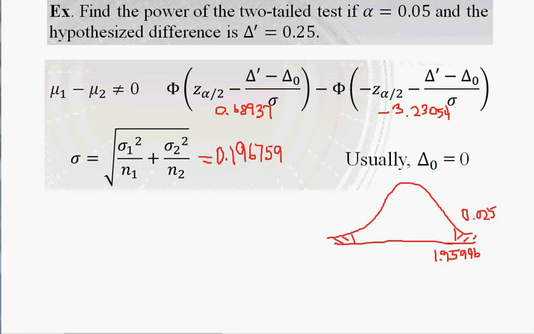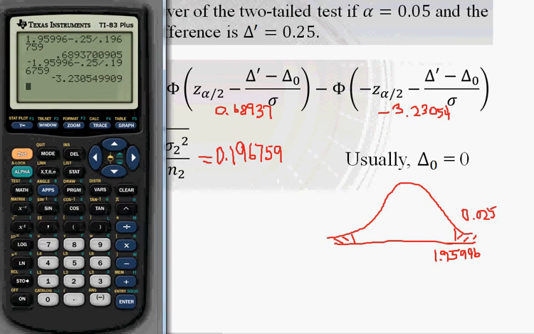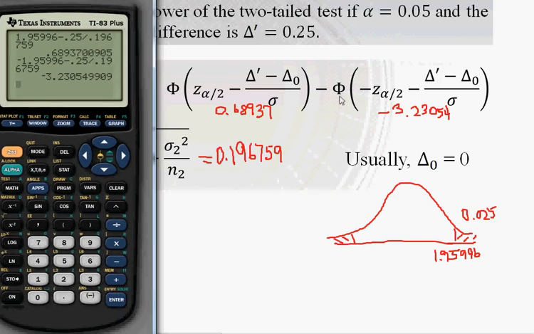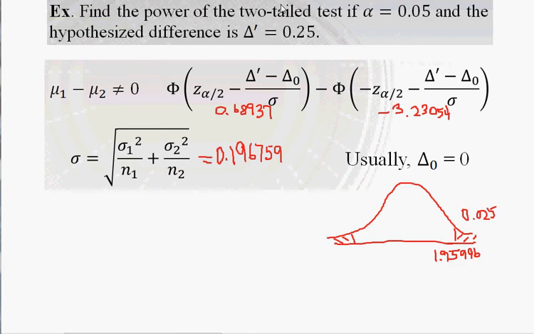Okay, so the value of beta is going to be phi of this number minus phi of that number. That's a fancy way of saying find the area under the normal curve between those two marks. So the value of beta, if I draw the picture under the different colored bell curve corresponding to the alternative hypothesis, we will have some area between 0.689 and negative 3.23, and whatever that shaded area is, that is going to be the value of beta.